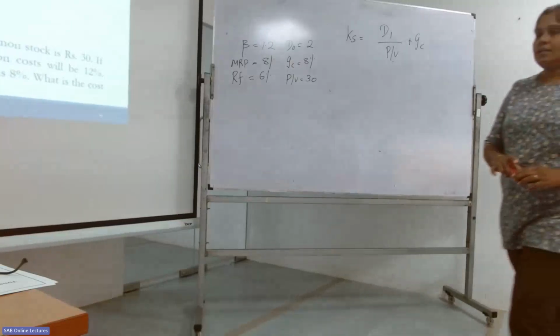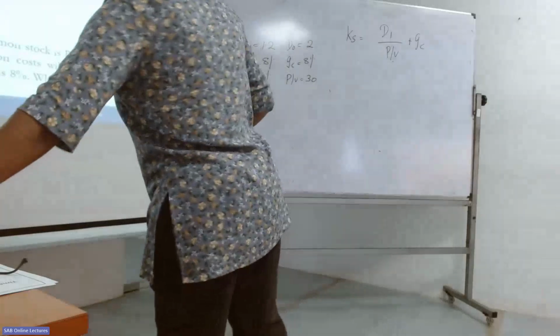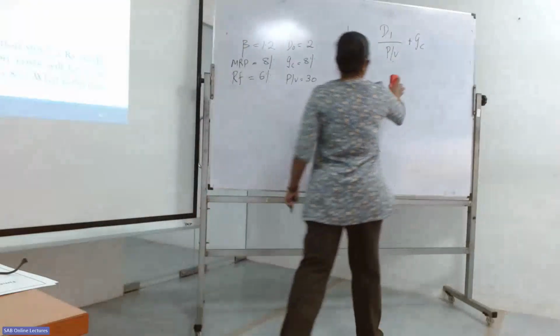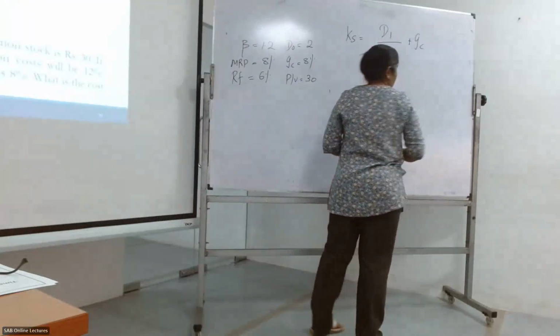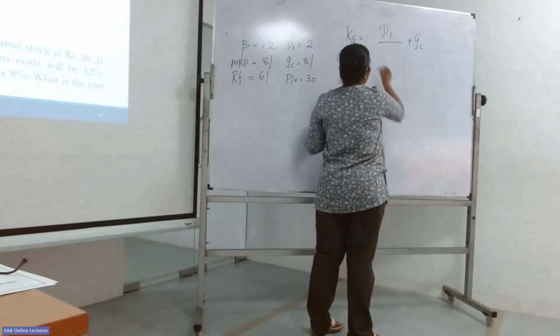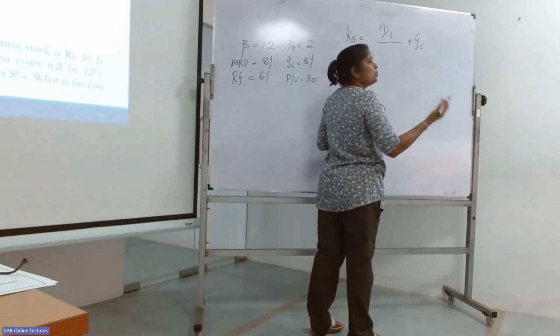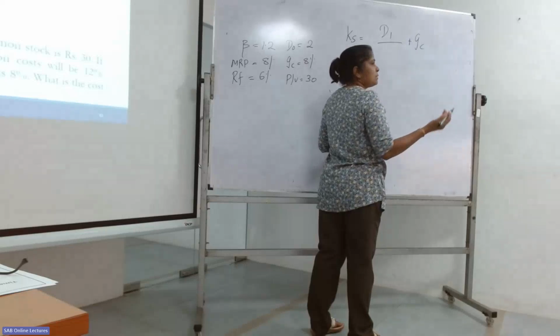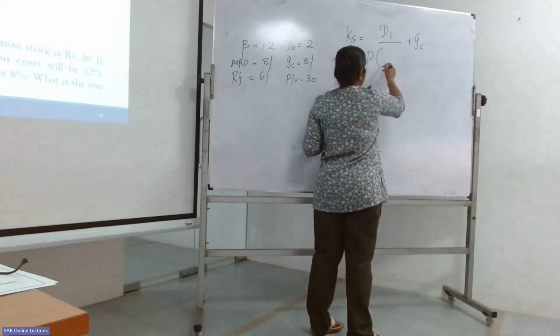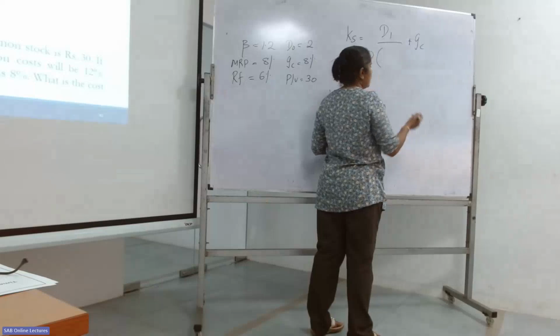So same model here. The only thing you can see is that price is adjusted for the flotation cost. We are taking here the net price after the issuing cost, after the flotation cost. Therefore price we have to adjust for the flotation cost.